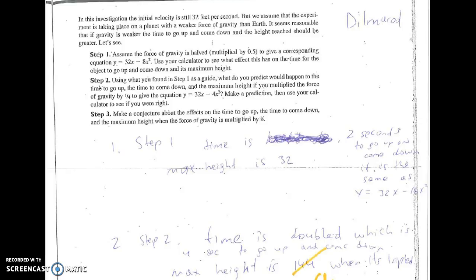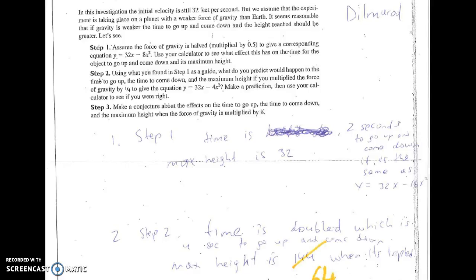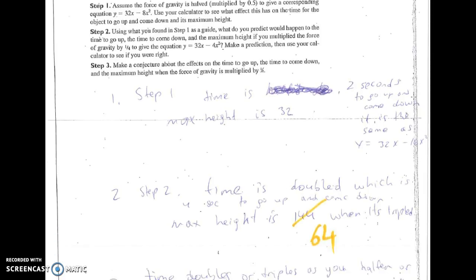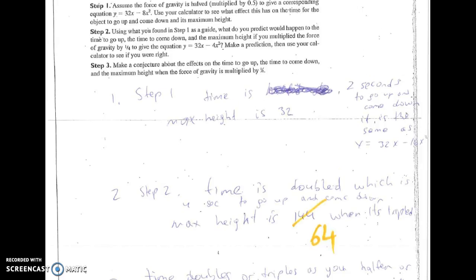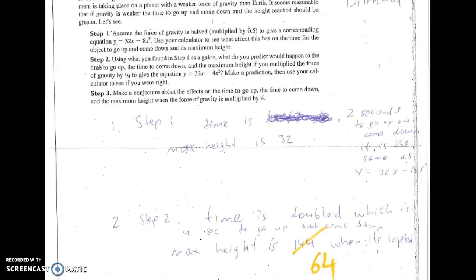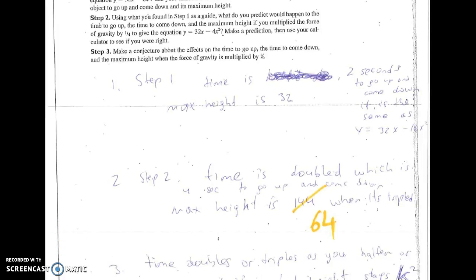And in step 2, the gravity was 1/4 of it, so the time to come down doubled. It went from 2 seconds to 4 seconds. And the max height was 64 instead of 32, so it doubled too.